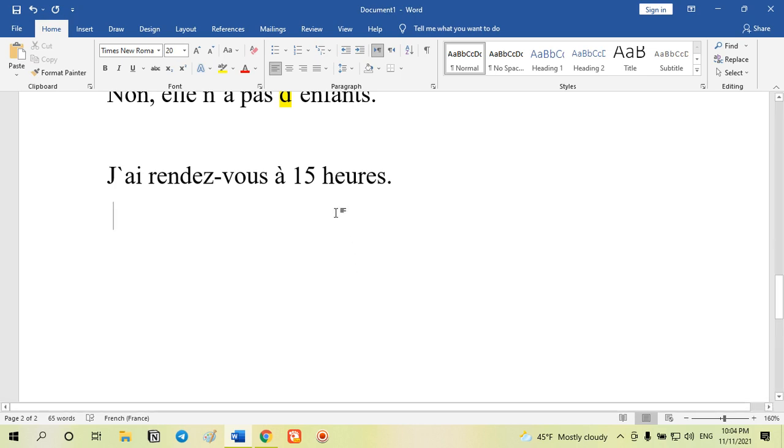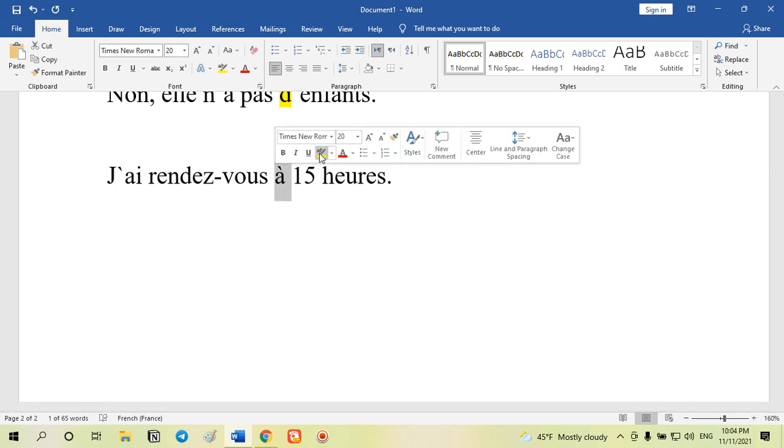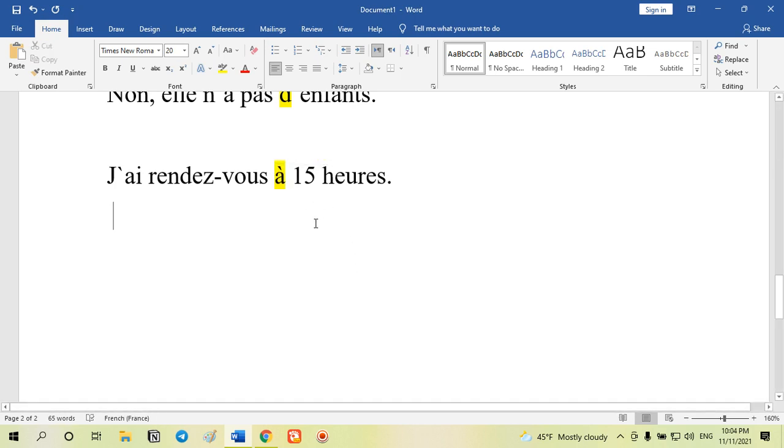But now here, just know that before any time you must put à. À means at. For example, whenever you want to say at 3 o'clock in English, you must put at before the time. At 3 o'clock, at 4 o'clock. In French, you must put à before the time. À 15 heures, at 3 o'clock. J'ai rendez-vous à 15 heures. I have an appointment at 3 o'clock.